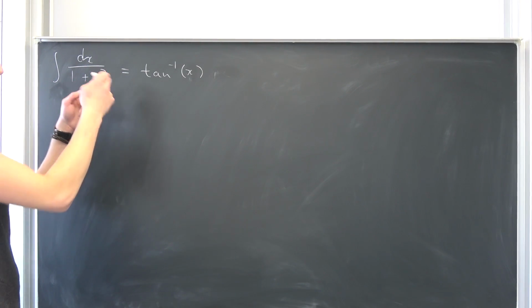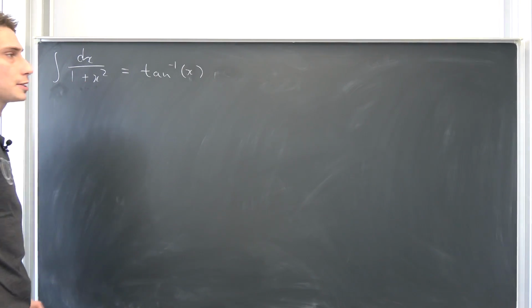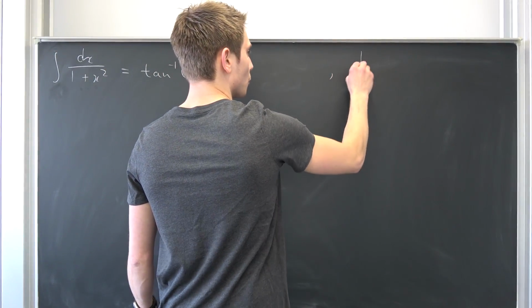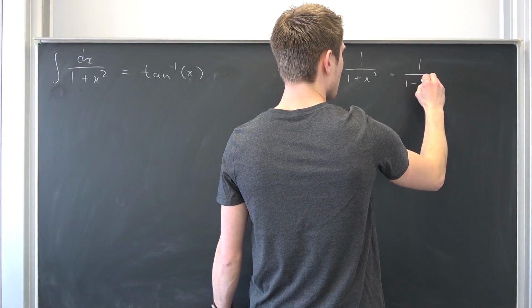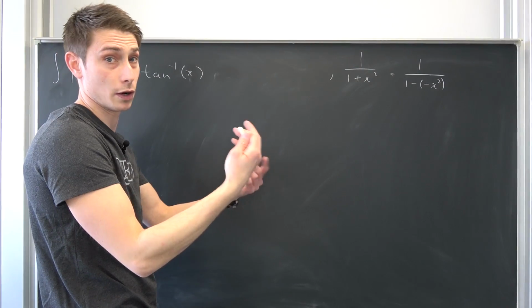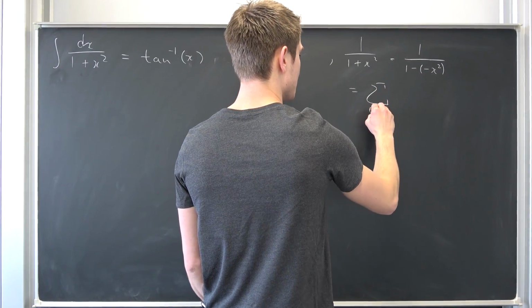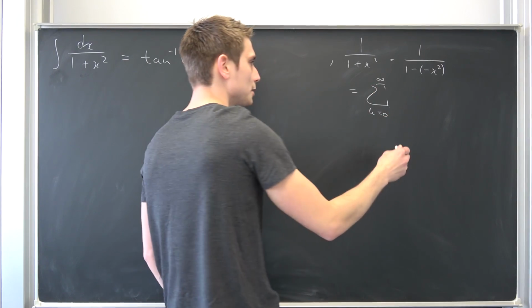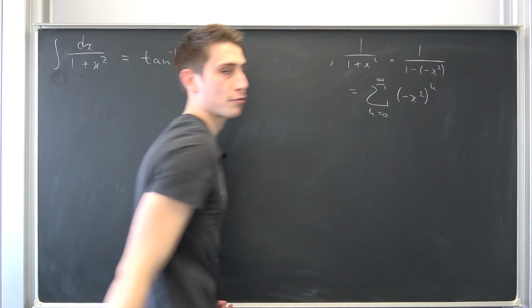If we are in a valid interval, for example from 0 to 1, we can actually turn this into the Taylor series. Remember, 1 over 1 plus x squared is nothing but 1 over 1 minus negative x squared. And if our interval is valid, then we are going to end up with an infinite series running from 0 to infinity of negative x squared to the kth power.